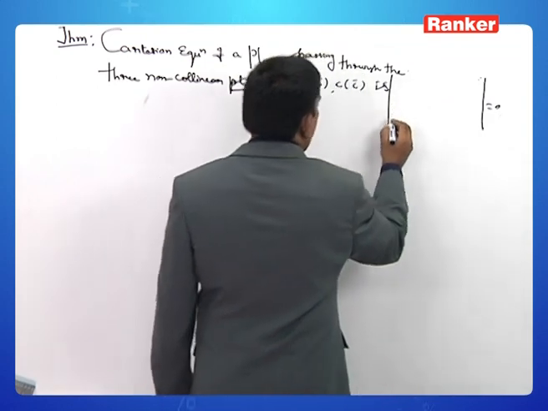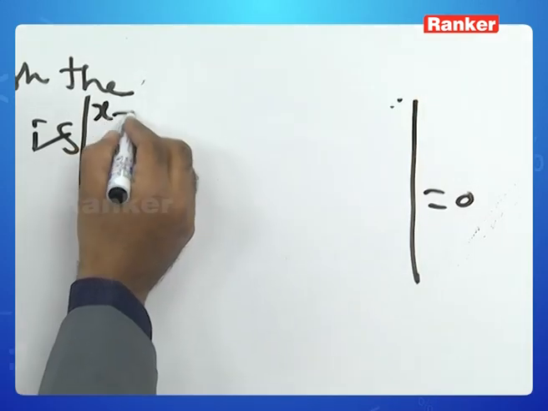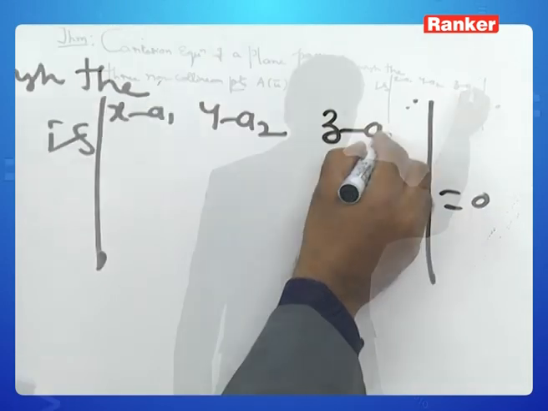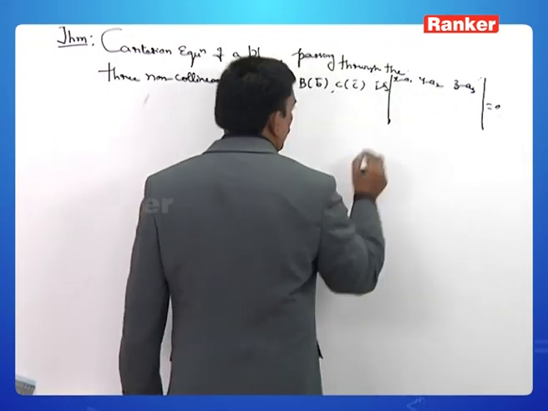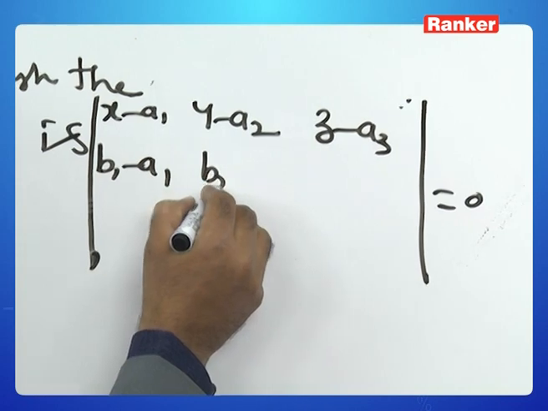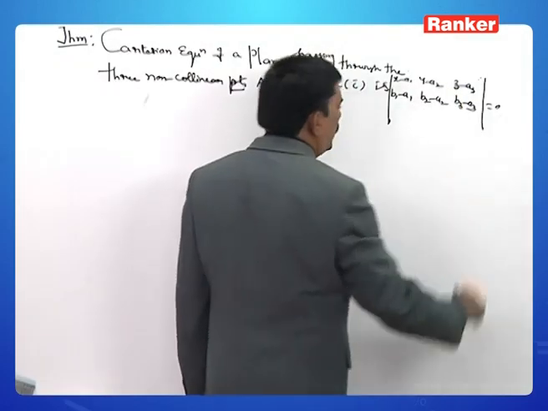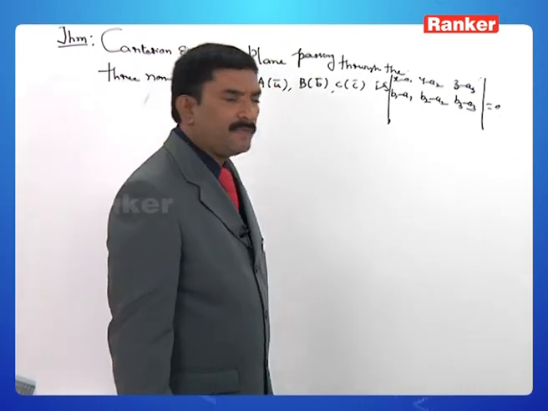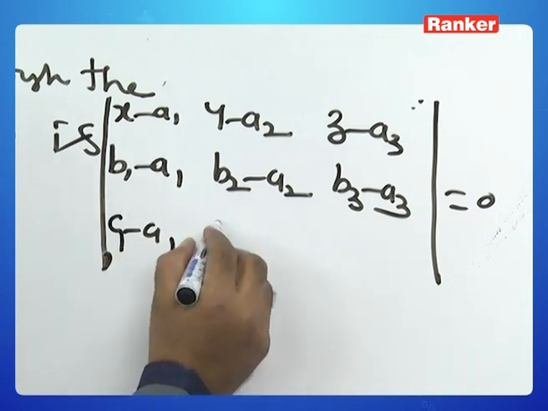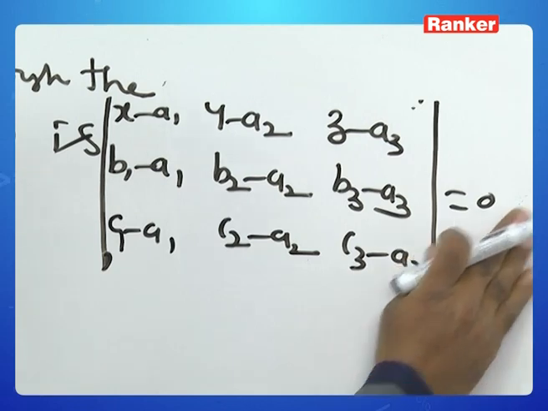Now this becomes the determinant with rows: x minus a1, y minus a2, z minus a3; next, b1 minus a1, b2 minus a2, b3 minus a3; next, c1 minus a1, c2 minus a2, c3 minus a3.